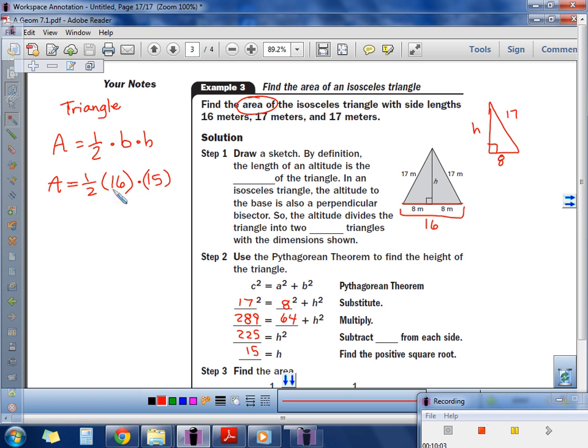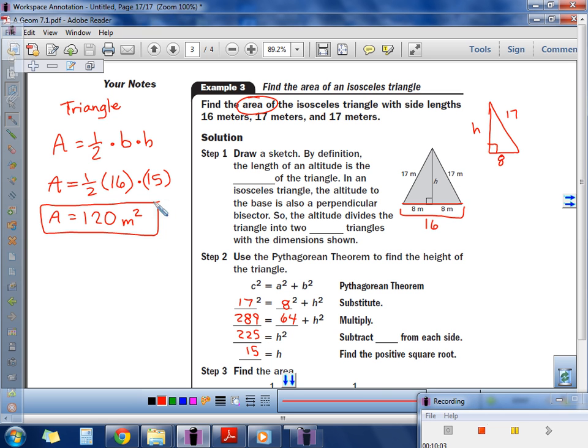A half times 16 times 15. We get what? 120. And units on this answer. What are our units? Not just meters. Meters squared. Area is always units squared, or square units. So there's our final answer. 120 meters squared.